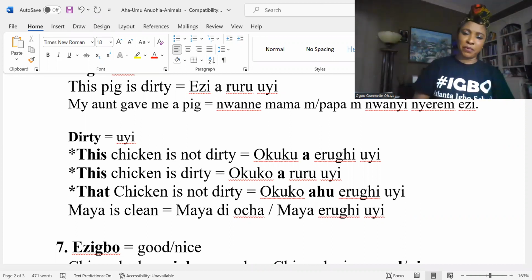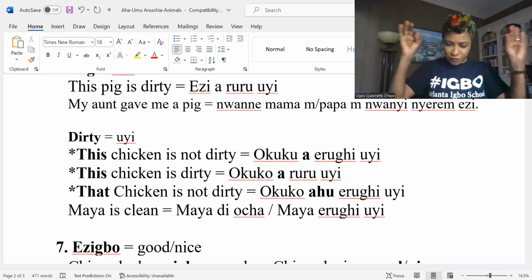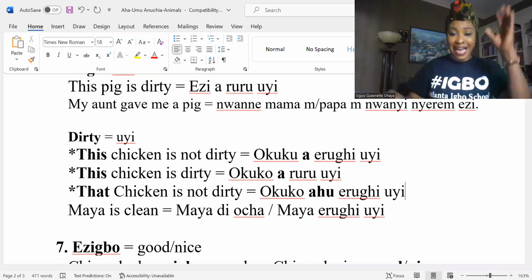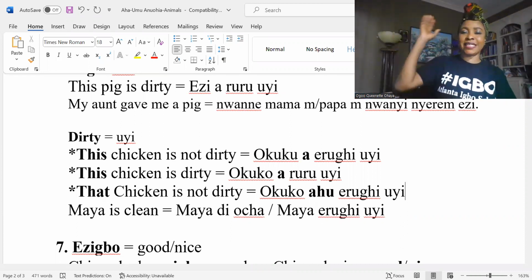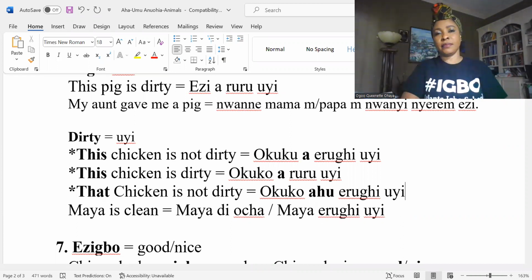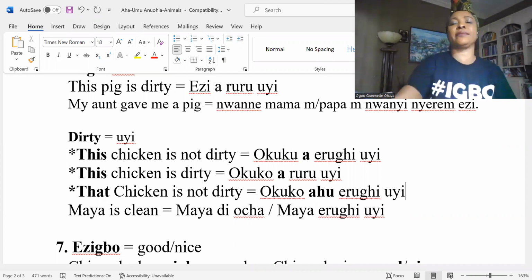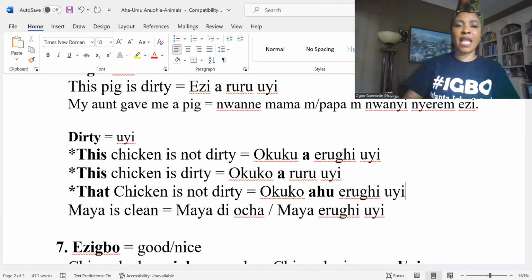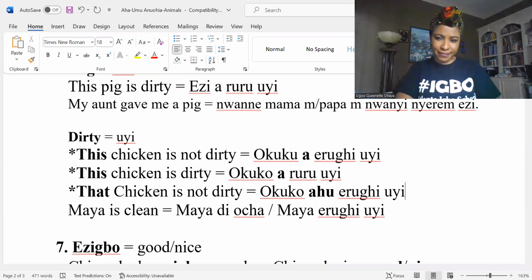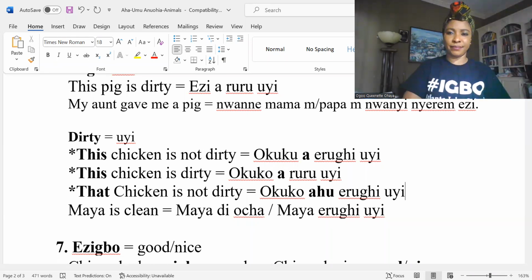Let me make it simple, because what we are trying to focus on here is "that" and "this." If you know how to say it, raise your hand and tell us how to say it in Igbo. That man is coming. Okay, let's just leave it. That man. Let me just remove the sentence.